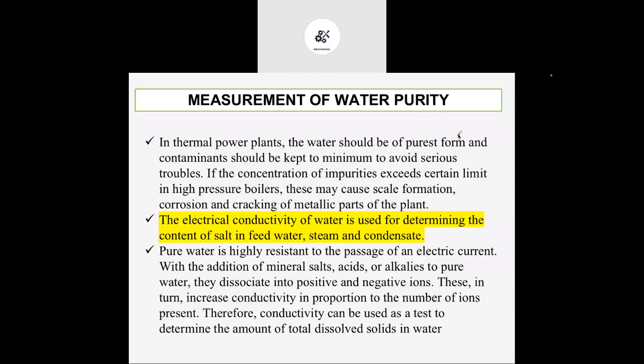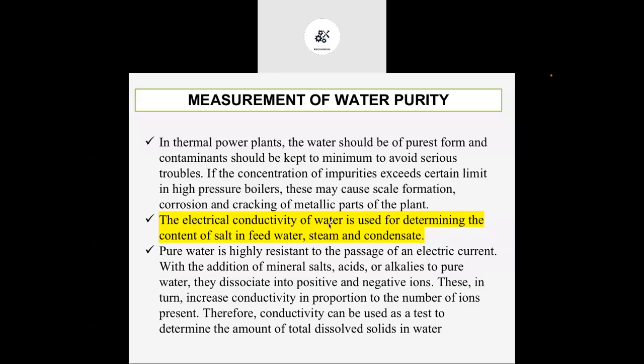For that, we use the electrical conductivity of water as a measurement property to determine the salt content in the feed water.